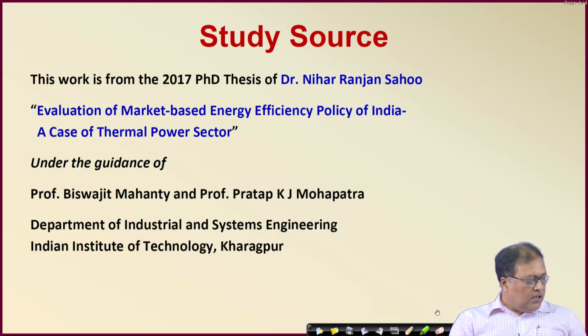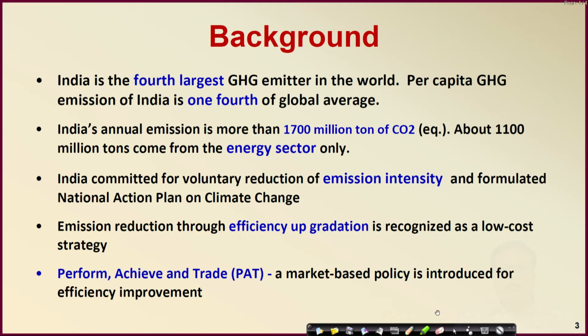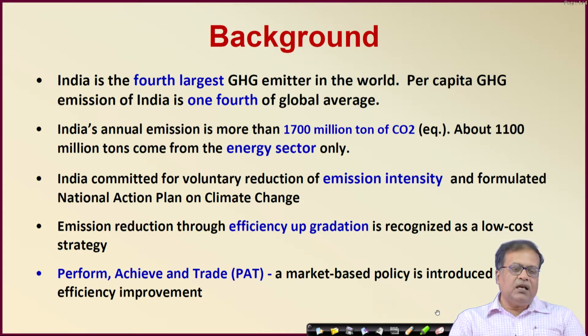Now, first of all, let us see the background of the greenhouse gas situation, particularly in the context of India. As you can see, India is the fourth largest GHG emitter in the world, and the per capita GHG emission in India is one fourth of the global average.